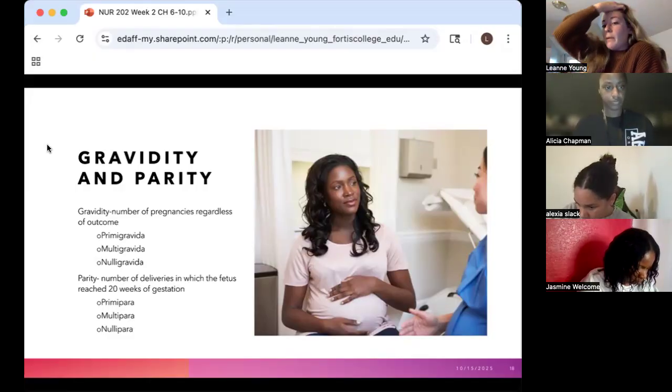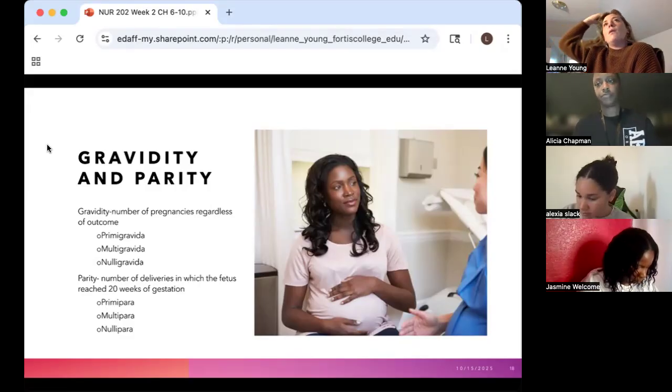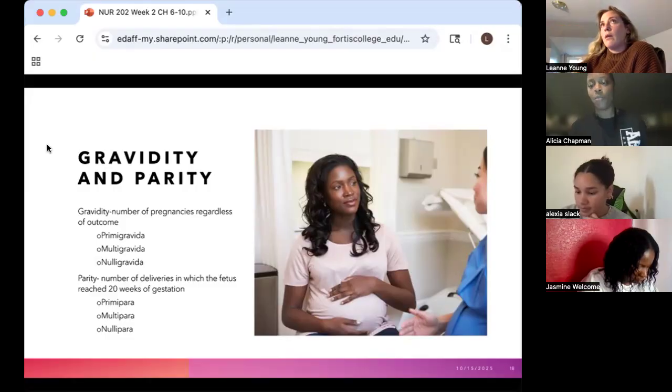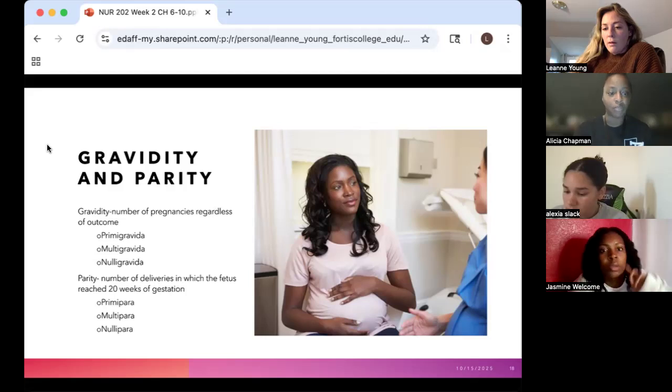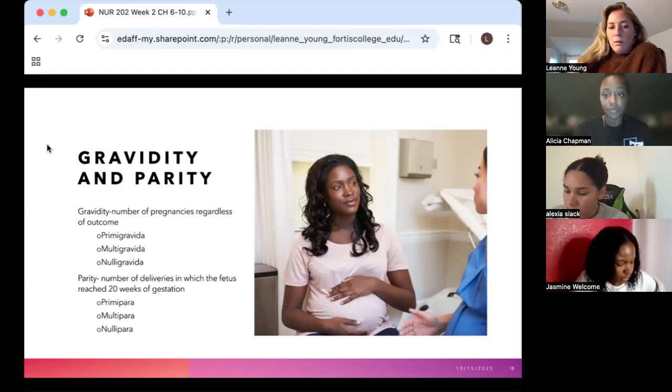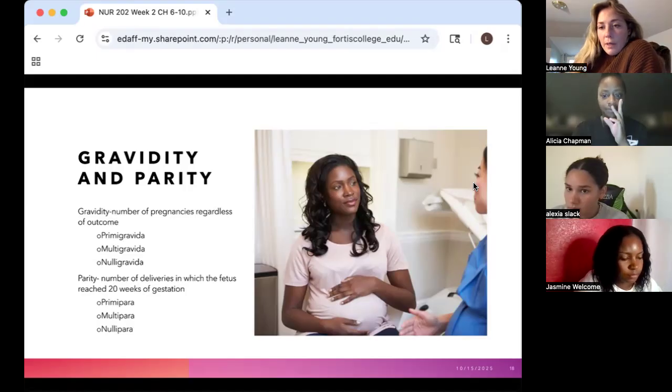So if a mom comes in and she's had a history of 2 miscarriages, and she's 38 weeks pregnant with her 3rd pregnancy, what would her G's and P's be?